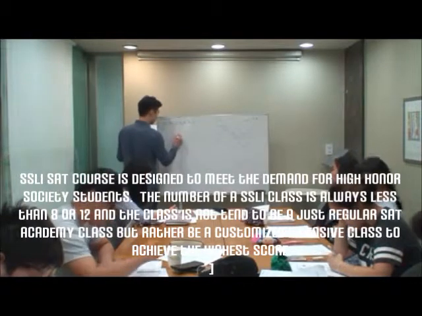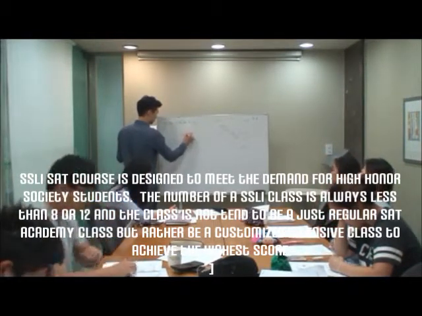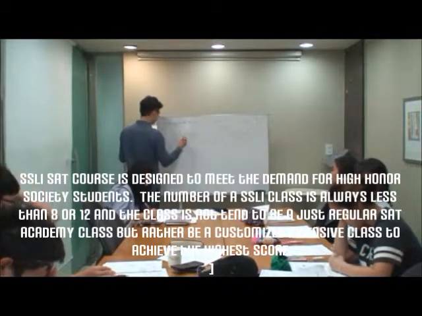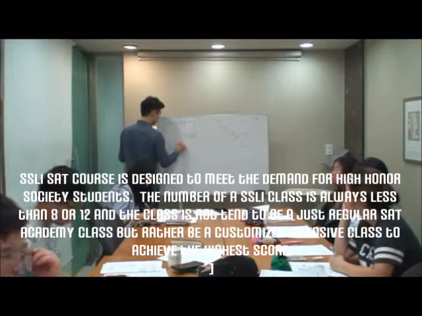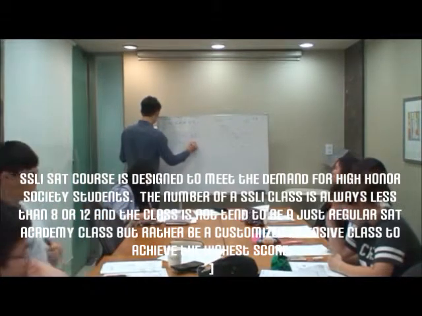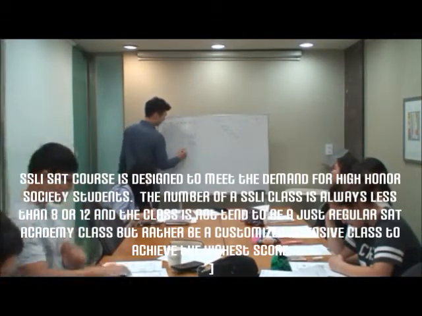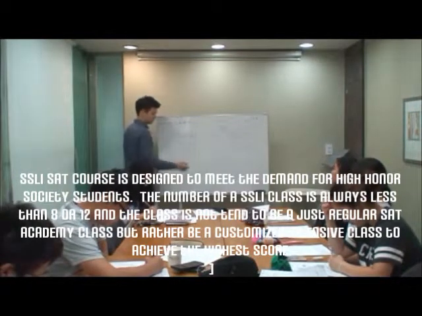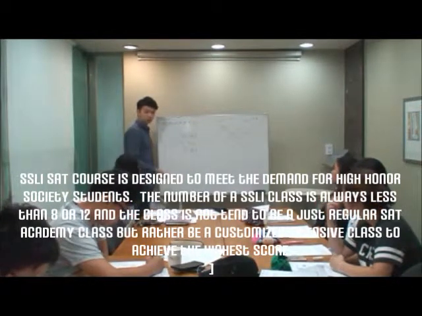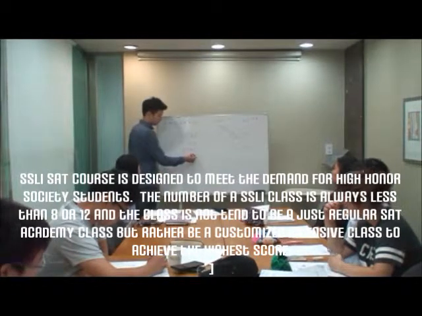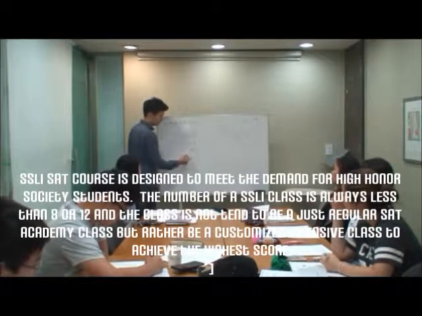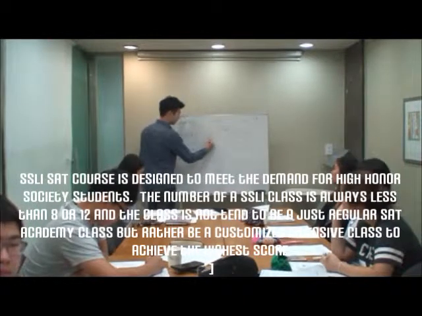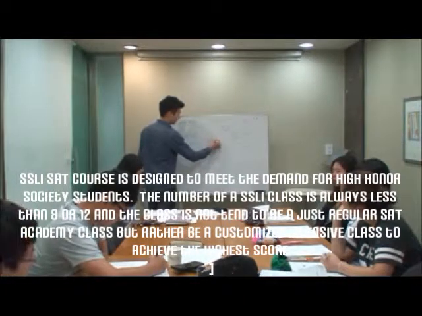So f(x) is k a to the x. And we say when x is 0, y is equal to 1 half. So 1 half is equal to k a to the 0. What's a to the 0? This is equal to 1, so this must be equal to k, right? So we know k already. So f(x) is 1 half a to the x.